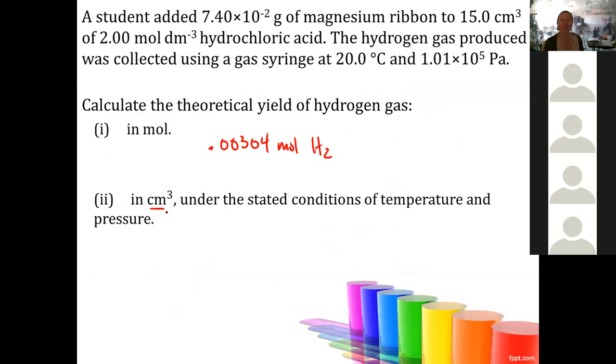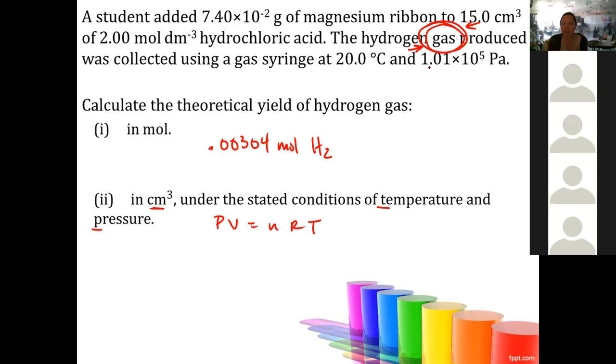How many cubic centimeters would that be? What am I going to have to do now? What formula that we learned last class should I use? PV equals nRT. For sure, we're going to use PV equals nRT.